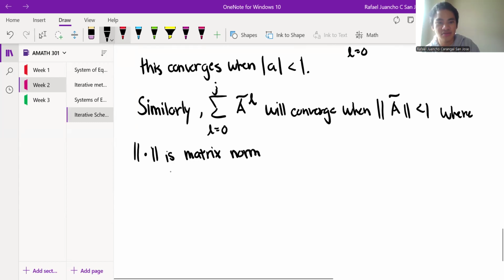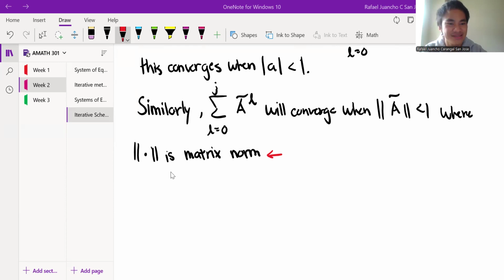What does a norm mean? I don't know, I'm gonna Google it. What's a matrix norm? Even a Euclidean norm, that's a thing. What does the norm tell us? A magnitude of a vector.